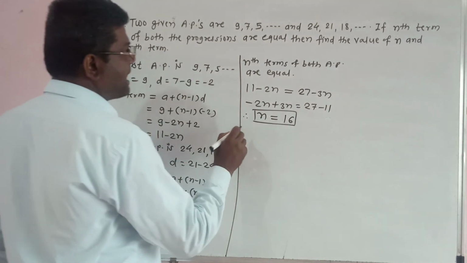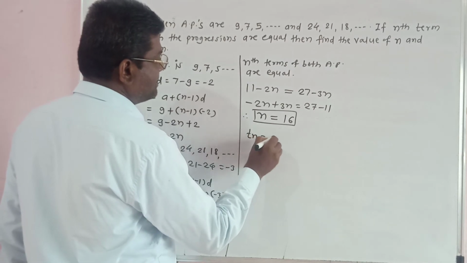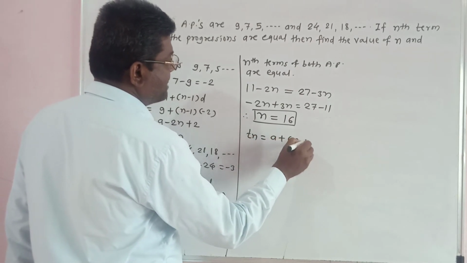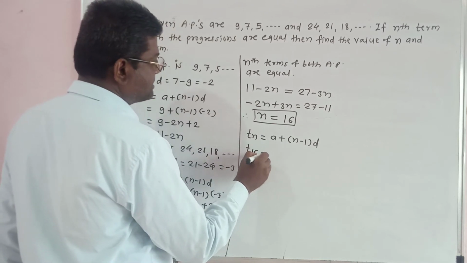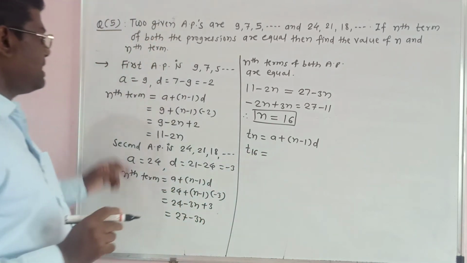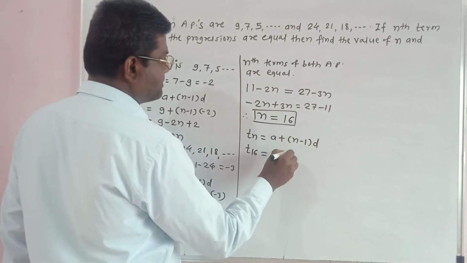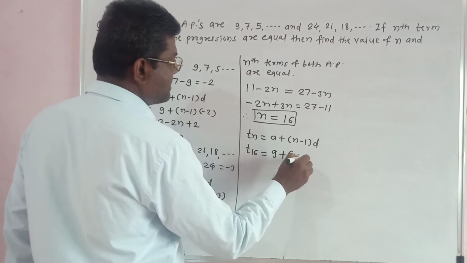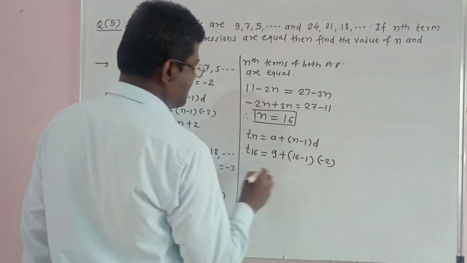Now we find the nth term. So we use the formula Tn is equal to A plus n minus 1 into D. Now we find T16. For the first AP we have A is equal to 9 plus n is 16, 16 minus 1 into D is minus 2.